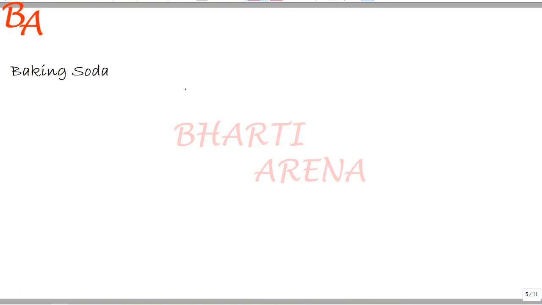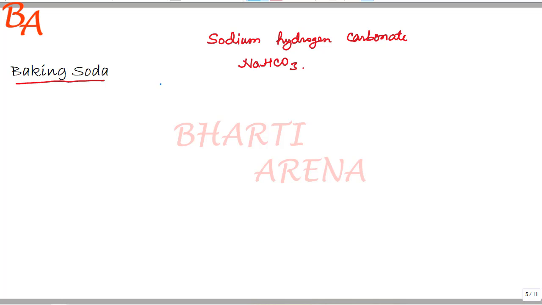Now we will see a few salts. First is baking soda. Its chemical name is sodium hydrogen carbonate, and its molecular formula is NaHCO3. It is manufactured by Solvay's process.